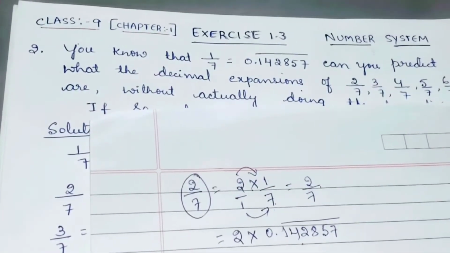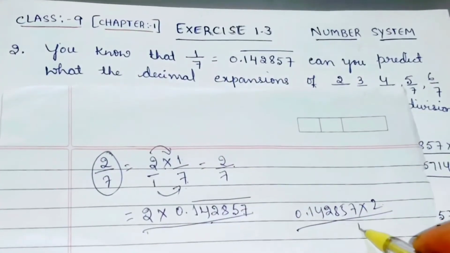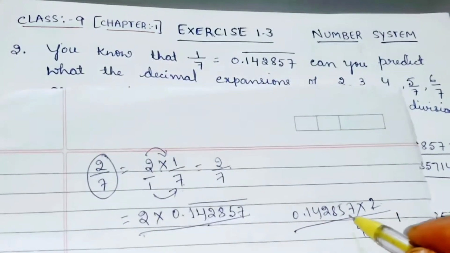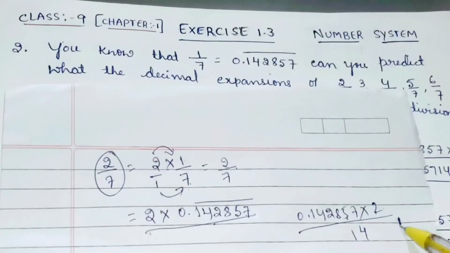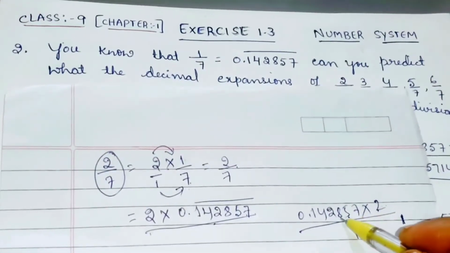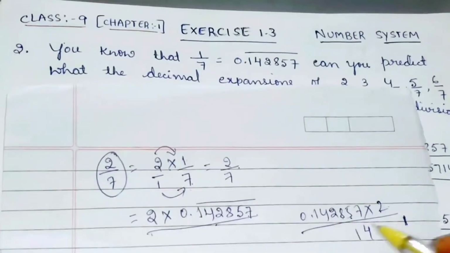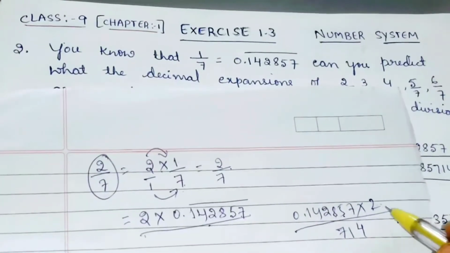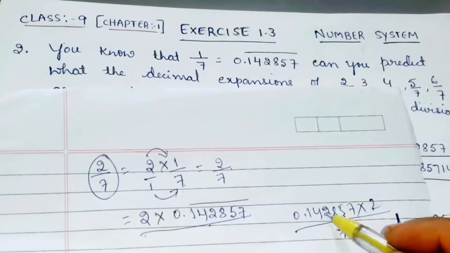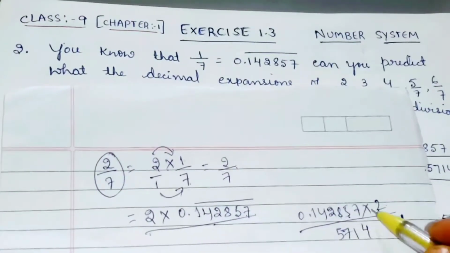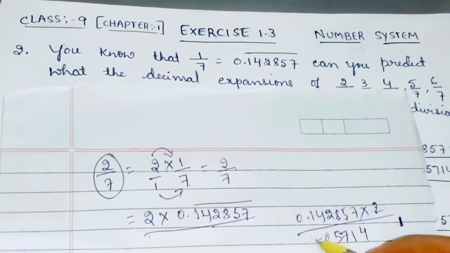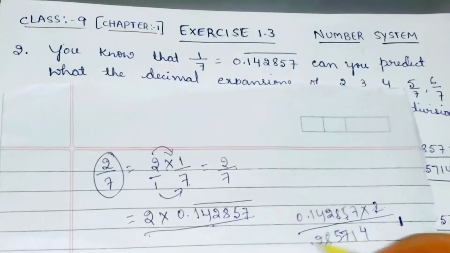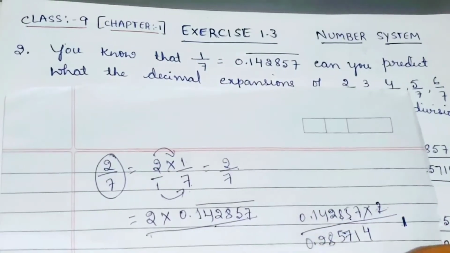Multiply: 2 sevens are 14, 1 carry; 2 fives are 10, plus 1 is 11, 1 carry; 2 eights are 16, plus 1 is 17, 1 carry; 2 twos are 4, plus 1 is 5; 2 fours are 8, no carry; 2 ones are 2; point; 2 zeros are 0.